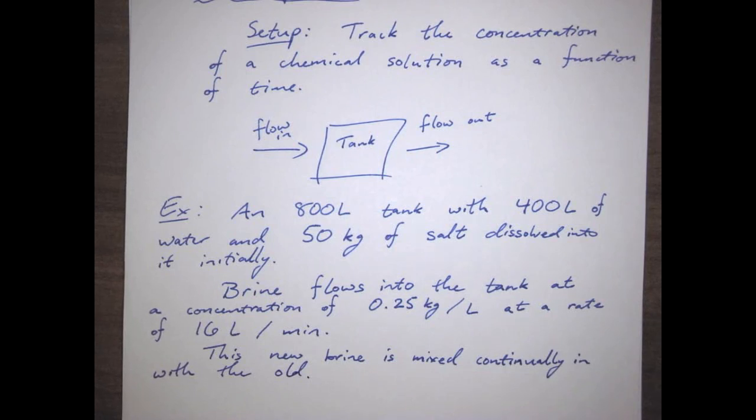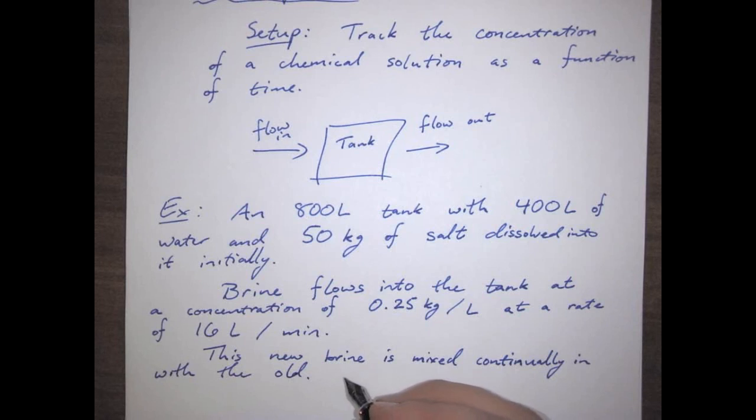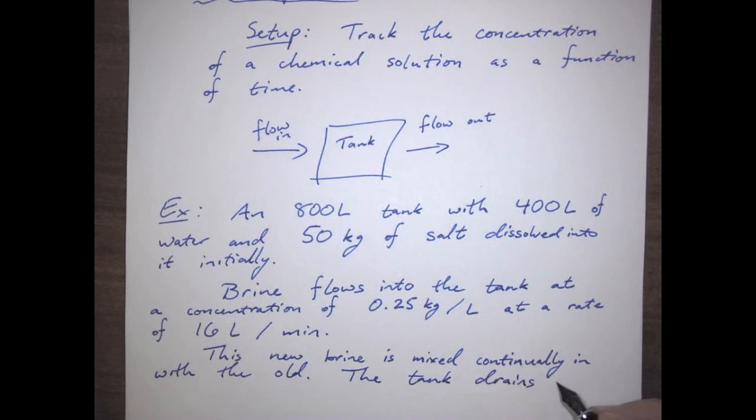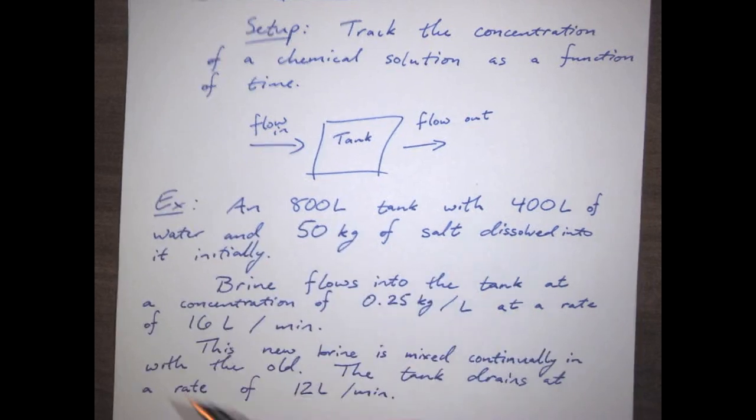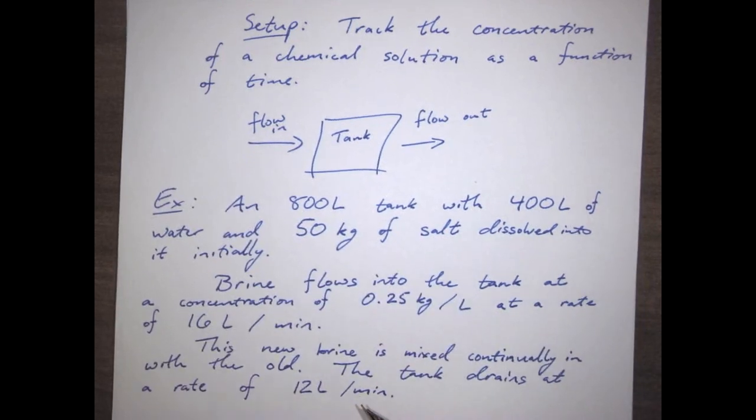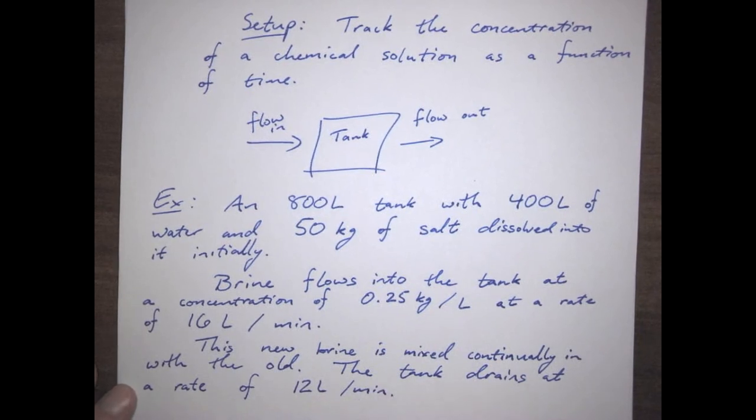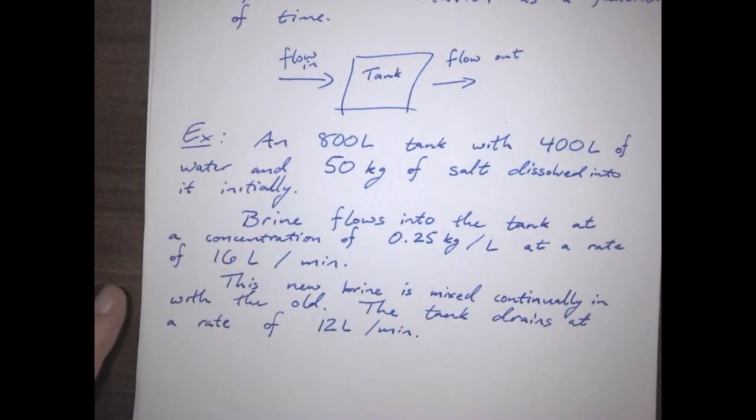Meanwhile, the tank drains at a rate of 12 liters per minute. So notice that it is flowing in faster than it is flowing out. That means the tank, which is initially half full, will be getting fuller and fuller.